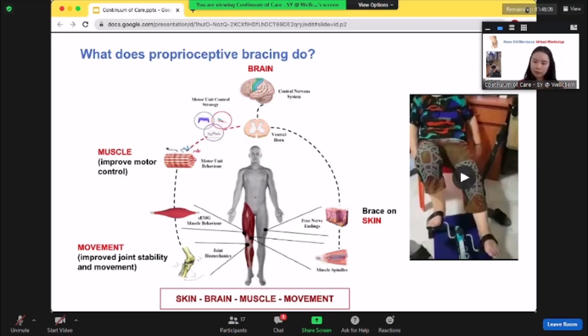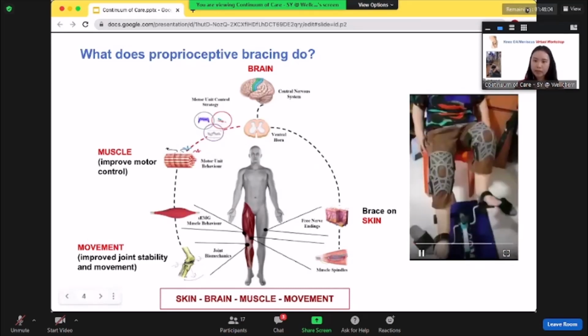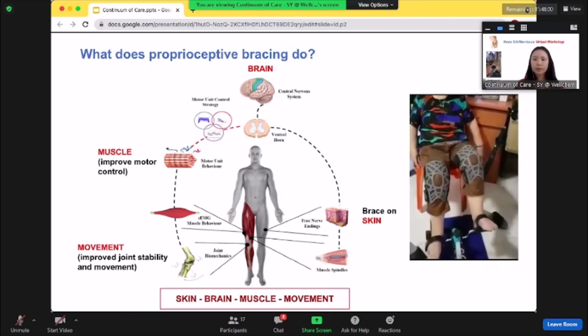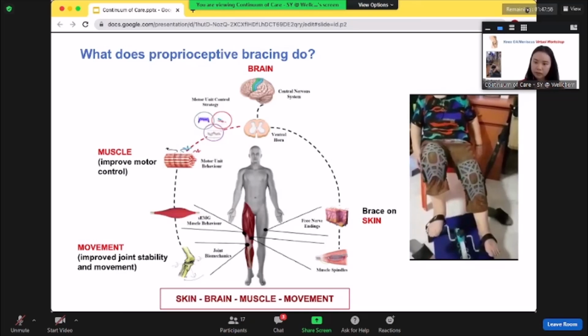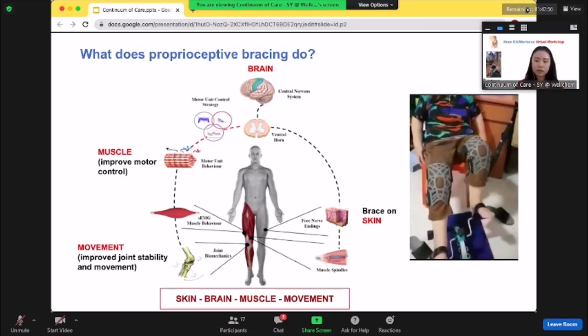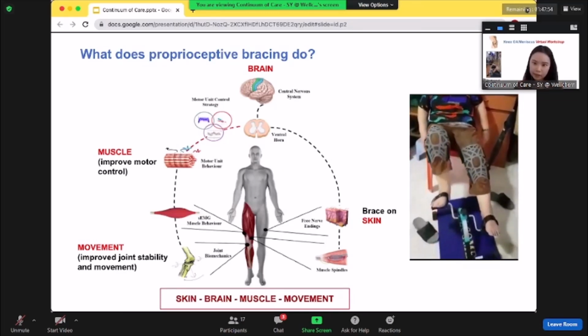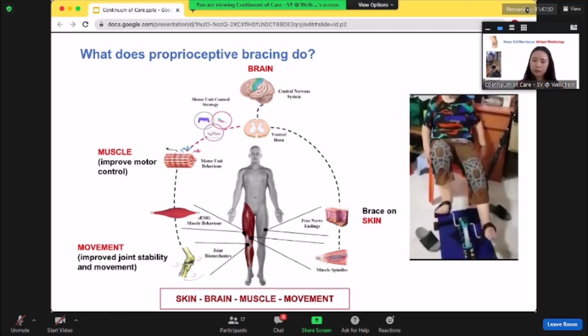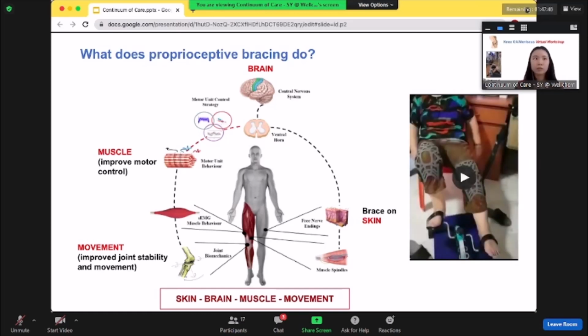But with a proprioceptive knee brace here, you can see that she's able to complete her exercises easily. And it's also amazing how she has incorporated this brace as part of her daily lifestyle. In terms of OA, proprioceptive bracing can help in improving their activities of daily living and help them lead a better quality of life.